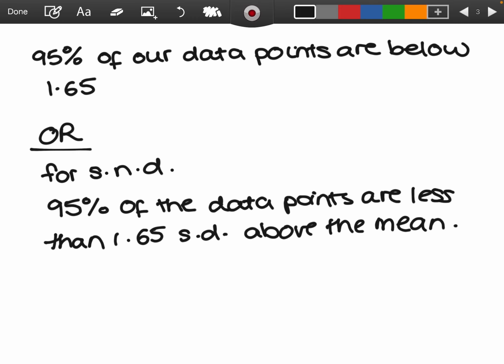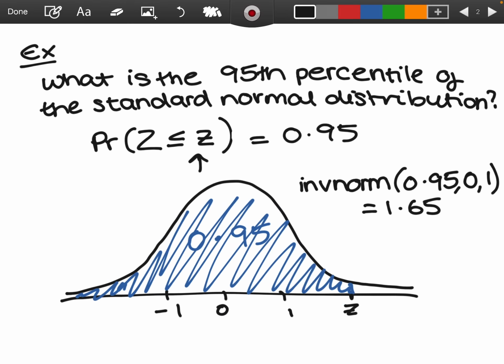Okay, so that's true because we have a mean of 0 and a standard deviation of 1. So because we have a standard deviation of 1, 1.65 is just 1.65 standard deviations because our standard deviation is 1 and our mean is 0. So we've got a 95% chance of being less than 1.65 standard deviations above that mean.